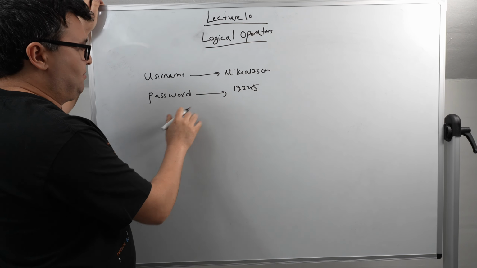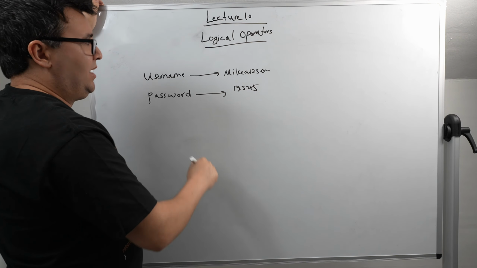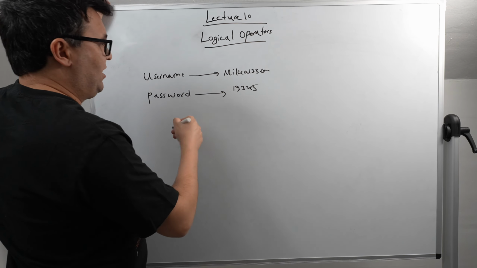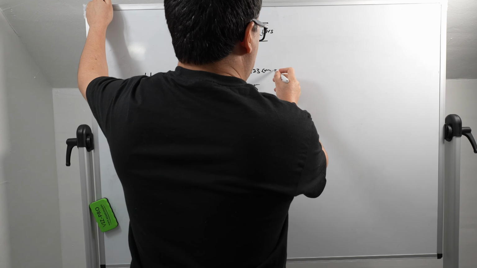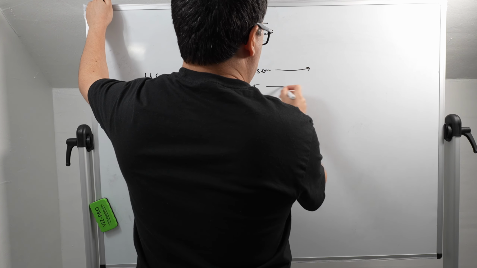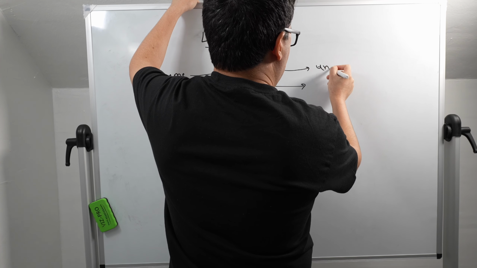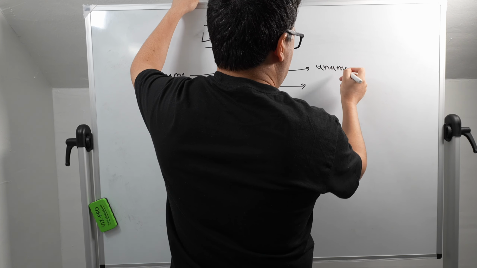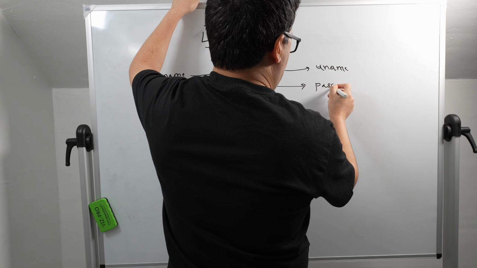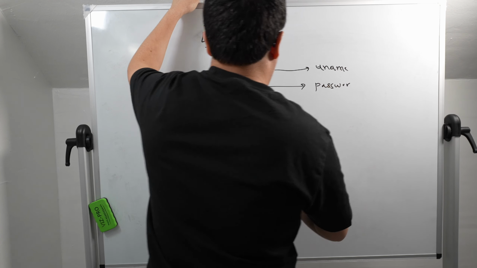You enter this on the form, and whenever you click on the login button, this username and password are checked with the username and password which they have in their databases. They compare these two.